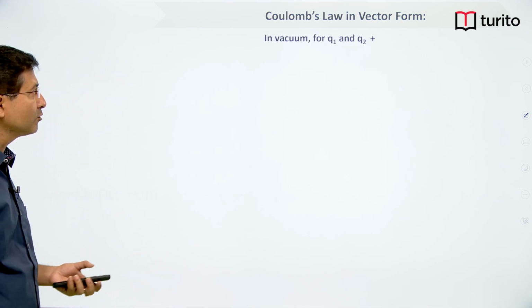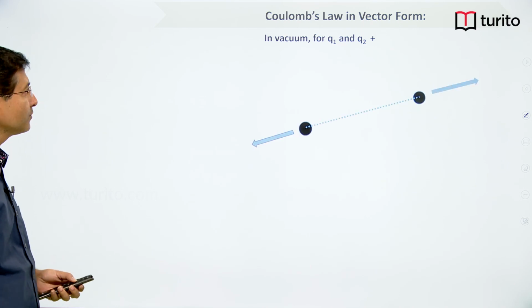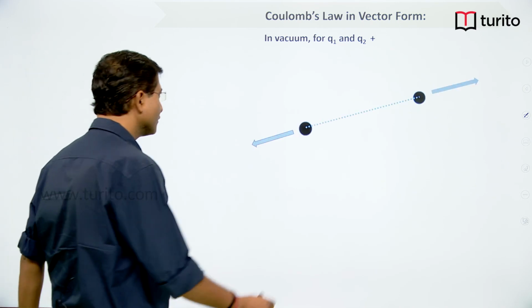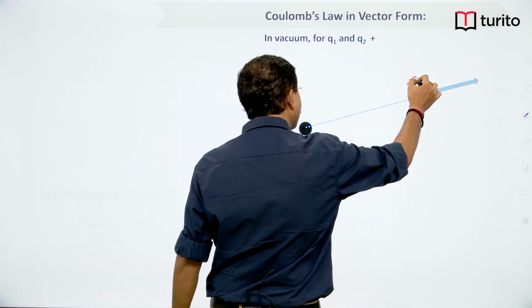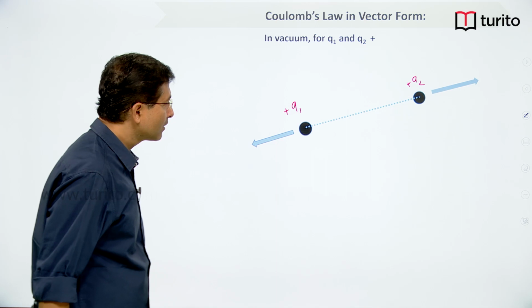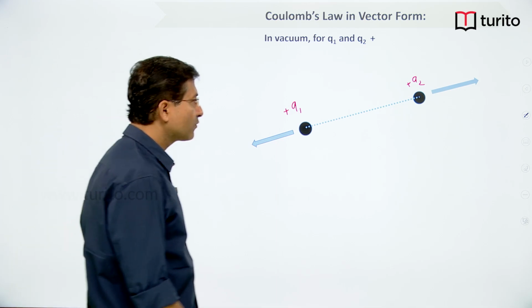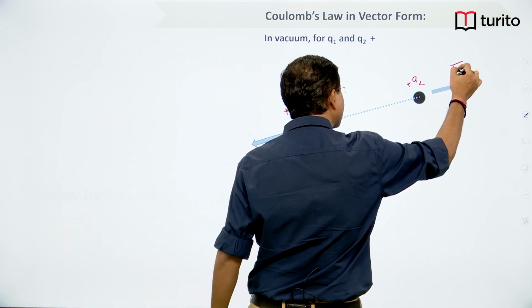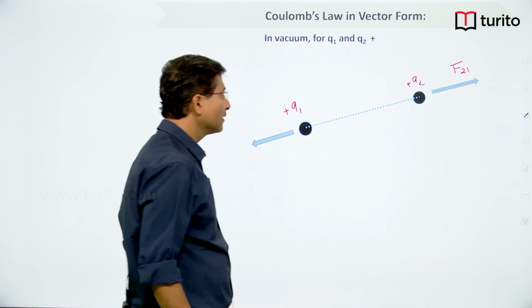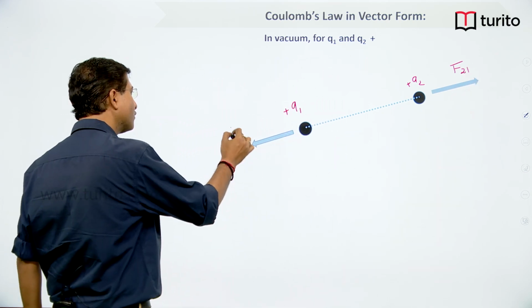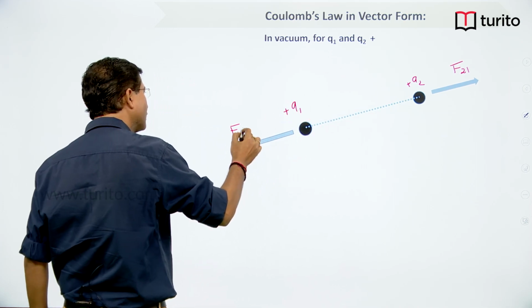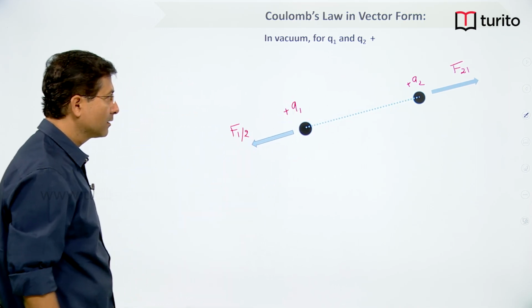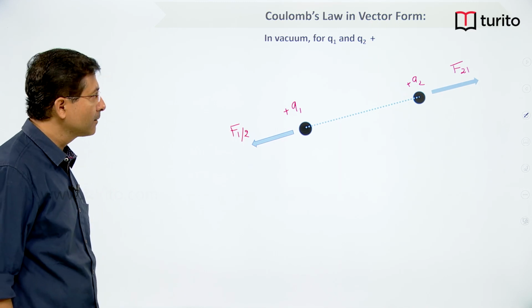Let us consider two positive charges, plus Q1 and plus Q2, right, and this is the force on 2 by 1 and this is the force on 1 by 2, along the line joining them.